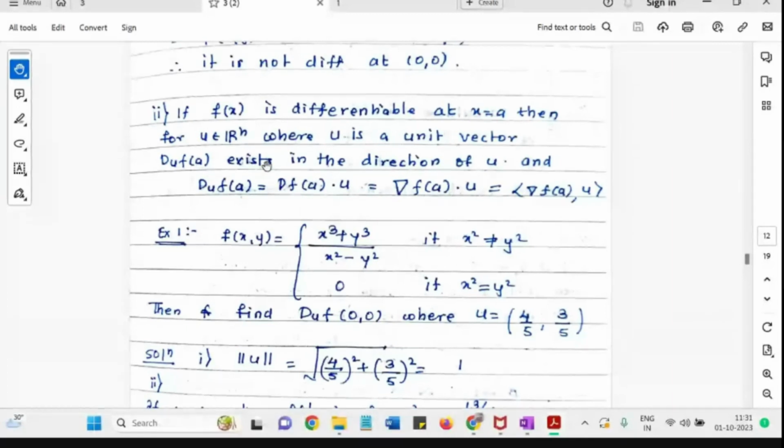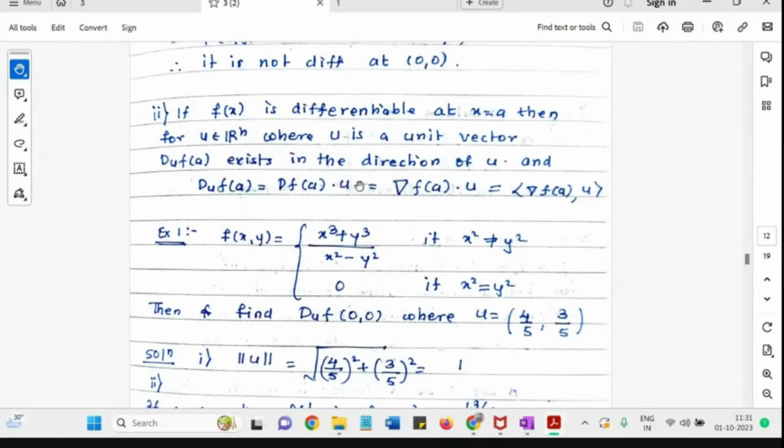This result can be used the other way around. If there exists a u such that Duf doesn't exist at a, then the function is not differentiable at a. So the contrapositive statement is equally strong if you have to prove the function is not differentiable.